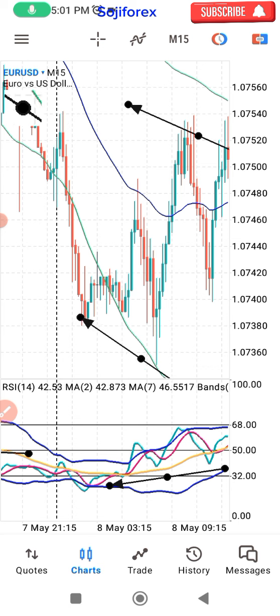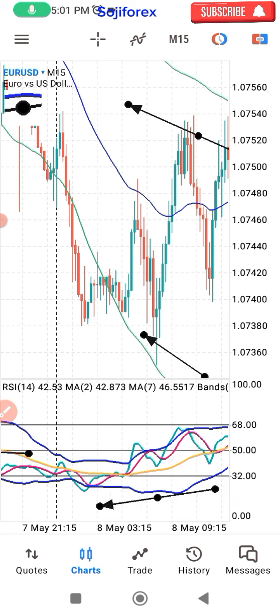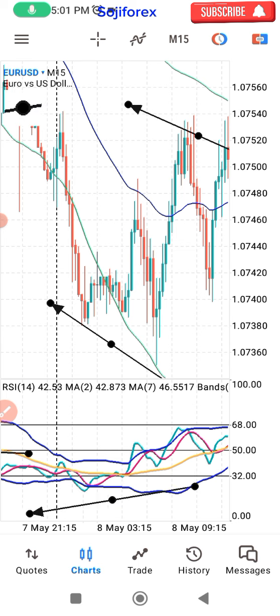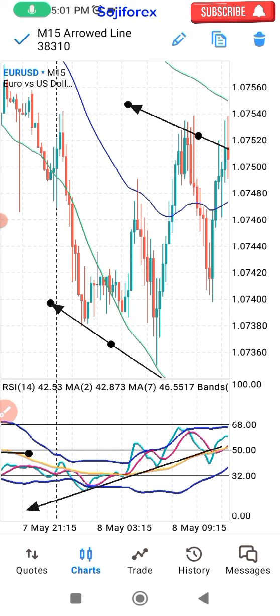Just as you can see here, market is making a low here, we have a lower low here, and look at our indicator, it's doing a higher low and a higher low. So it's doing the opposite of what the main chart is doing. So having this confirmation is key to your entry. That is one of it.